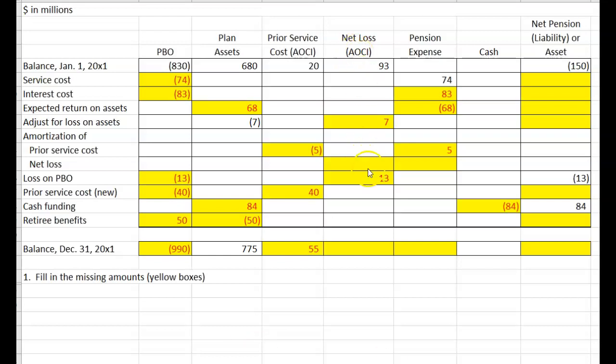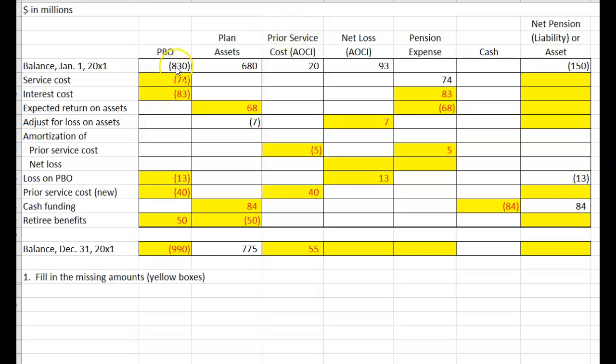So there are 3 steps to calculate an amortization of the net loss, if any. First is calculate the corridor. The corridor is 10% of the larger of the PBO at the beginning of the year or the plan assets at the beginning of the year.